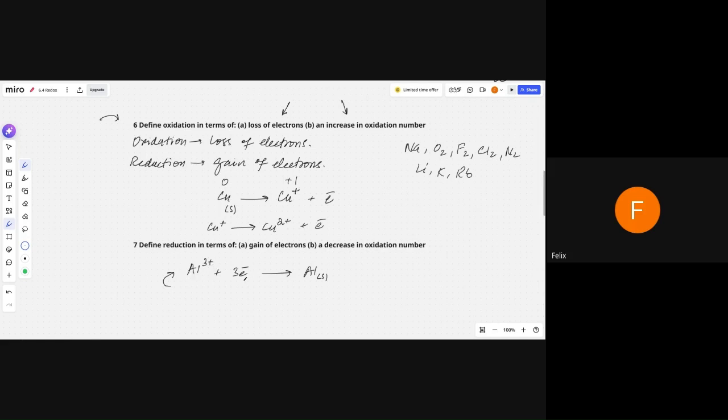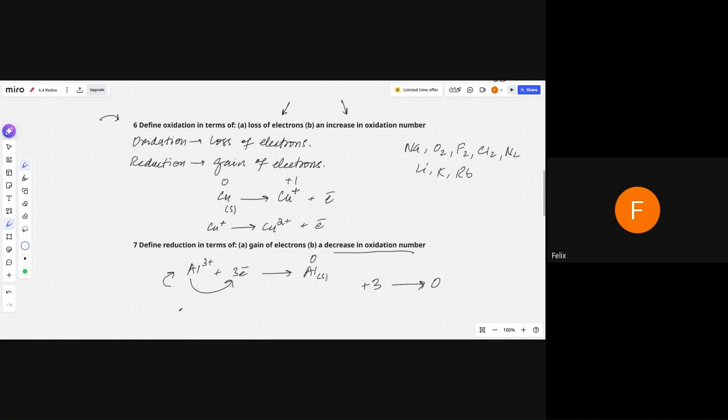When it gains 3 electrons, it changes into its free state, its neutral state, where the oxidation number is 0. We have already talked about it here. So now you see, gaining of electrons is reduction, and during this process there will be a decrease in the oxidation number. Aluminum changed from +3 to 0, so the oxidation number decreased, right?